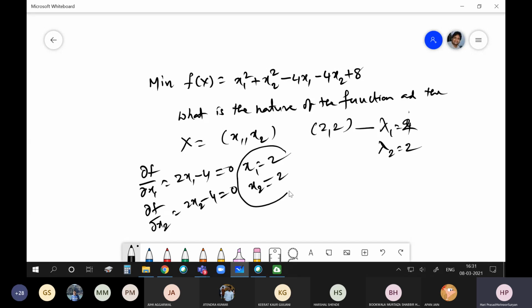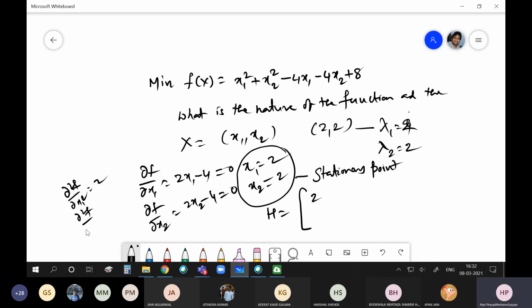So this is the stationary point. Then what is h? Here, dou square f by dou x1 square is 2. Dou square f by dou x1 x2 is 0, and similarly for the rest.